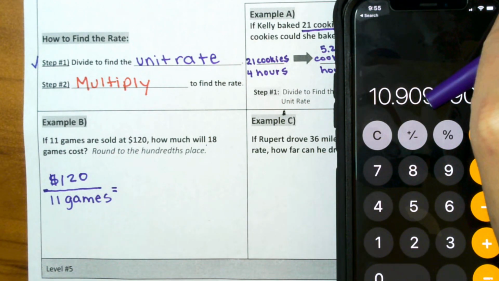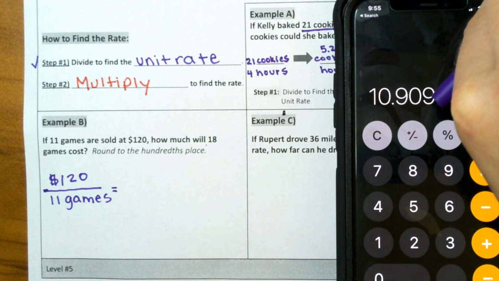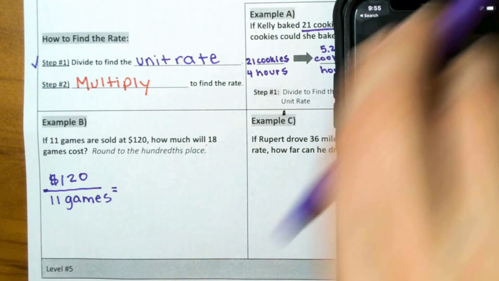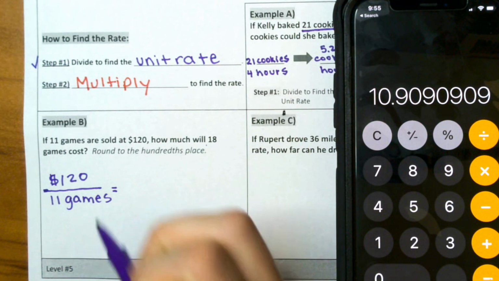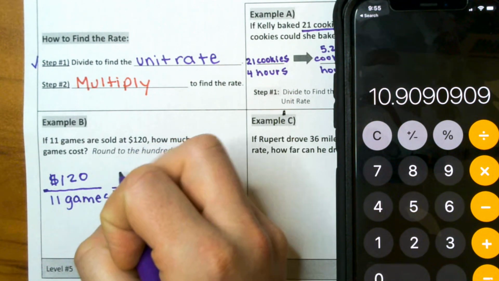Okay, so it either stays the same or goes up one. It all depends on the number after the zero. And in this case, the number is a 9. So we're going to round up to 10.91 because that third number in the thousandths place was 5 or higher. So make sure to listen to that again if you need some more review with rounding.